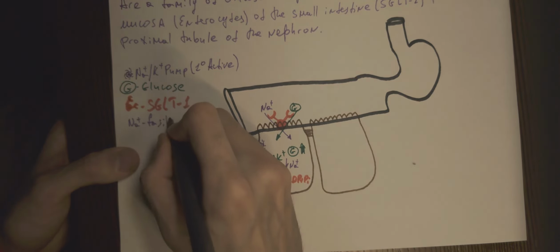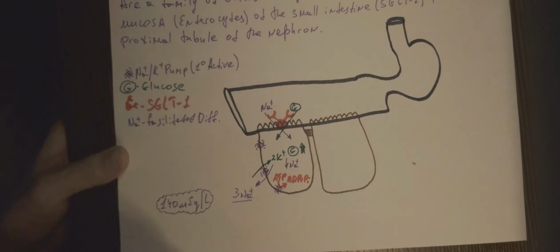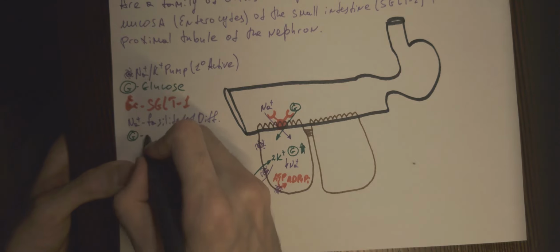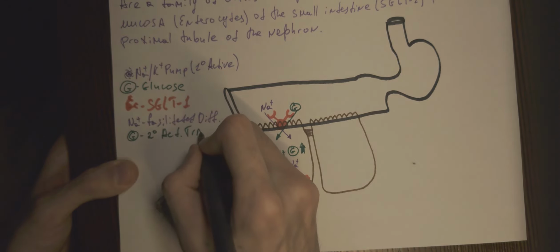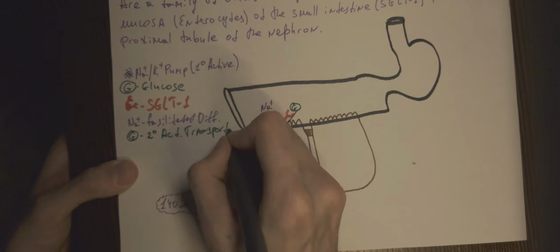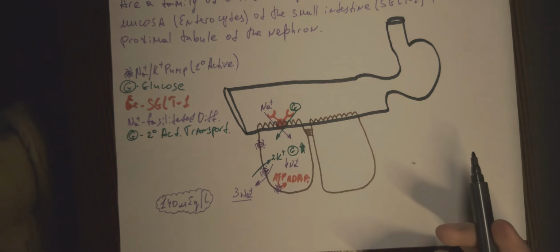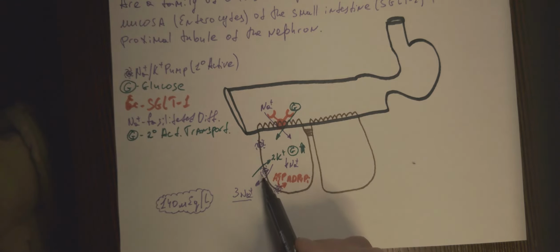How can we actually prove that SGLT1 is a secondary active transporter? Well, let me tell you. I'm going to use a molecule called ouabain. This is actually a toxic substance which can inhibit the sodium-potassium pump.